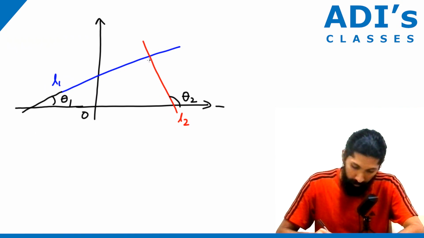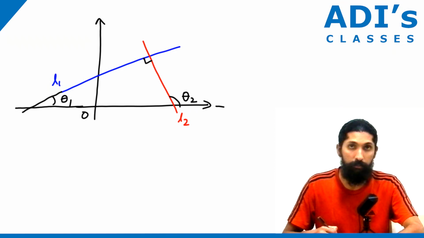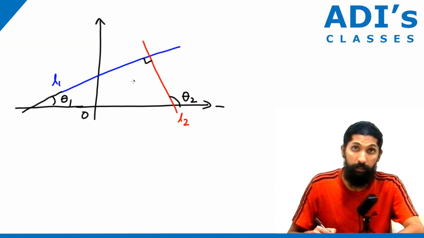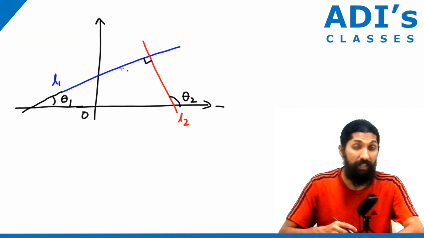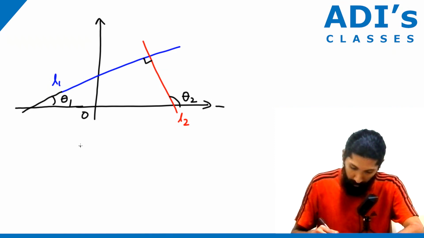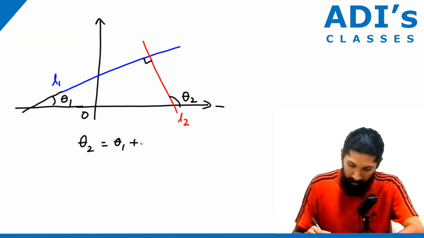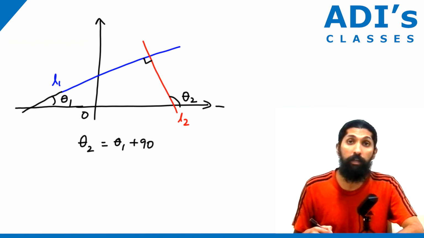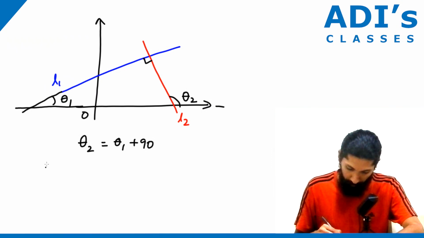Now what do we know? That this angle is 90 degrees, isn't it? What do we know from the exterior angle property? Theta 2 is equal to theta 1 plus 90, isn't it? Now take tan on both sides.